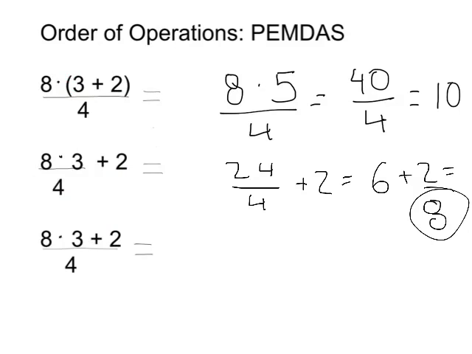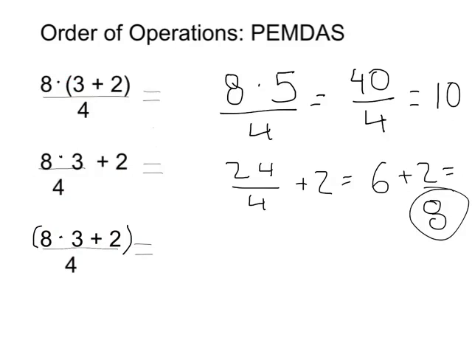Okay, and in the last one here, we don't have a parenthesis shown, but we sort of have an implied parenthesis, because all of this, the 8 times the 3 plus 2, is all on top of this division line. So it's implying that all of this needs to be done before we do our division.